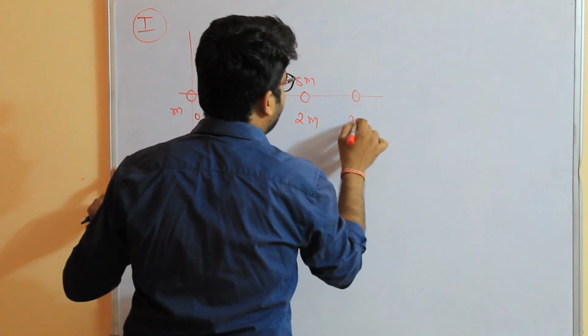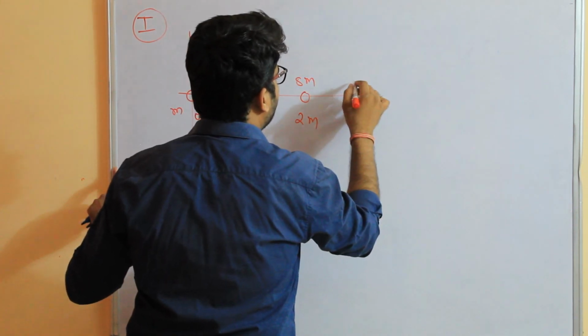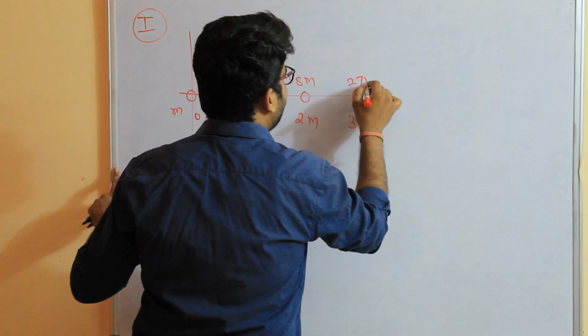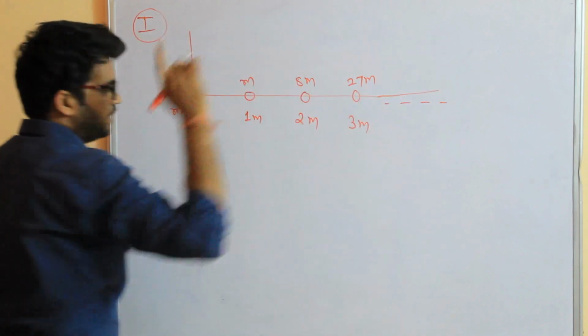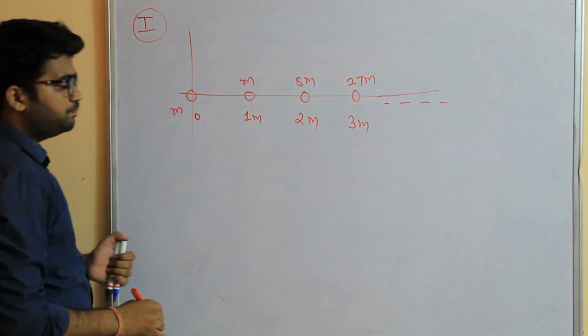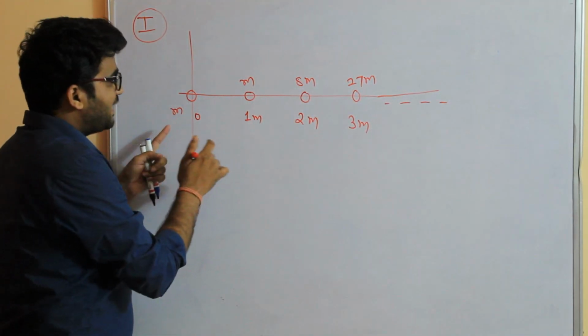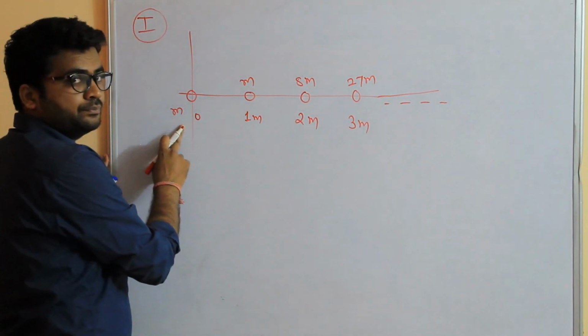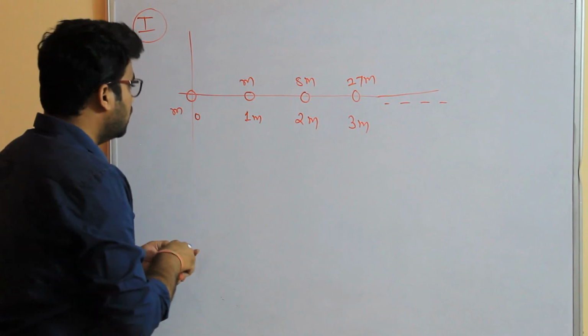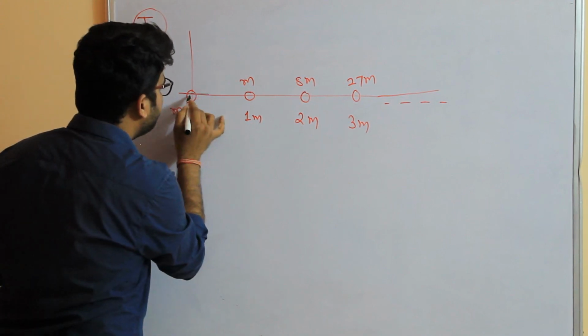At 3 meters we have, let us suppose, 27m mass, right? So likewise it continues. Okay, now see, the force of attraction due to this m on this m is towards this line only.